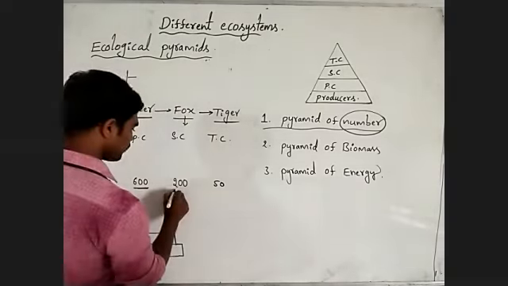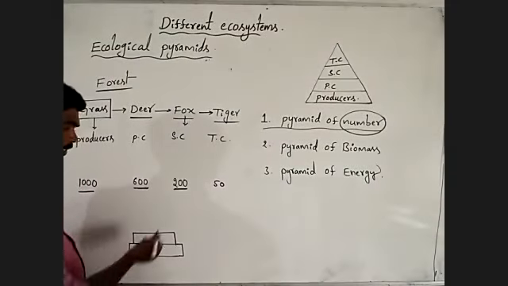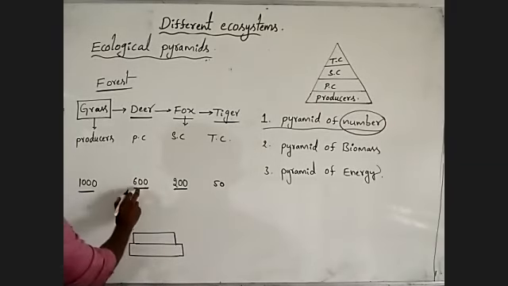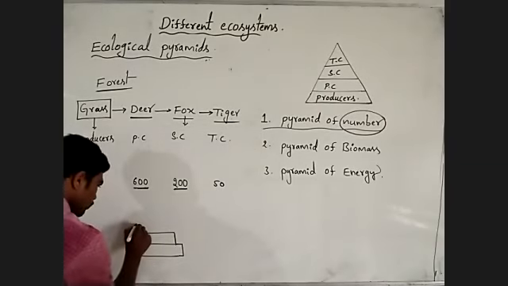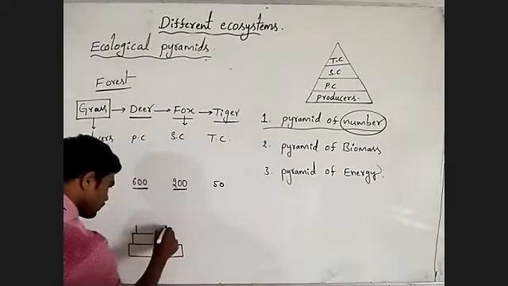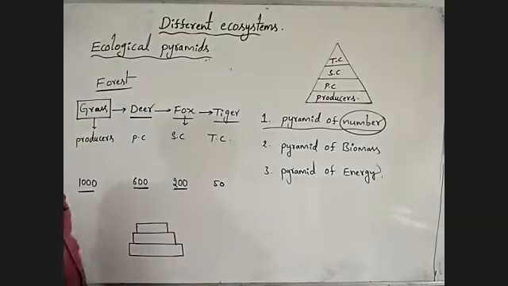In the next trophic level, the number of organisms is smaller than the primary consumer, so we draw an again smaller bar.